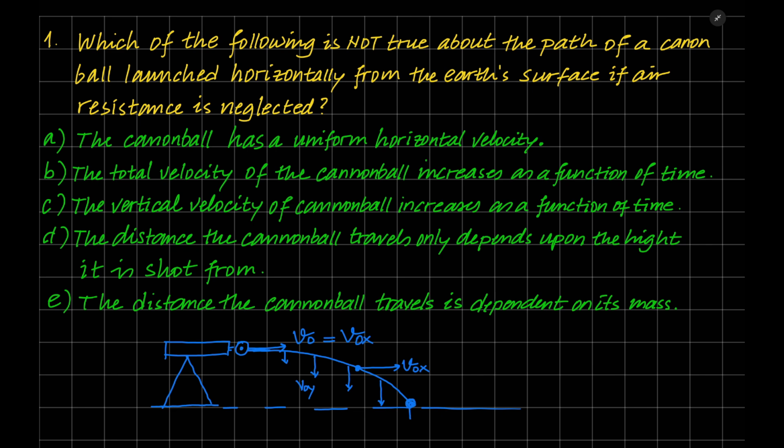The vertical velocity of the cannonball increases as a function of time. Yes, that's right, as you can see here. Option C is also correct. The distance the cannonball travels only depends upon the height it is shot from. The height of the cannonball determines the flight time.